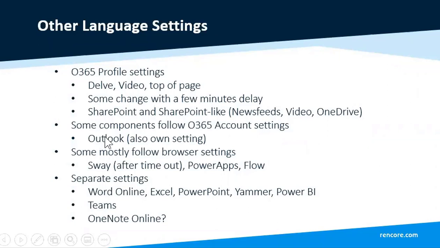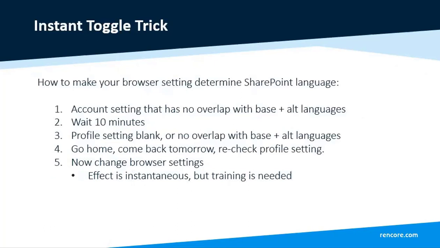So Outlook will follow Office 365 account settings, but it also has its own settings which can override it. Teams has a completely independent language setting, which is independent of the setting of SharePoint. So you can have Teams in one language and SharePoint in the other. And if you have any SharePoint components showing up on your Teams site, they can be in 2 different languages. All great fun.